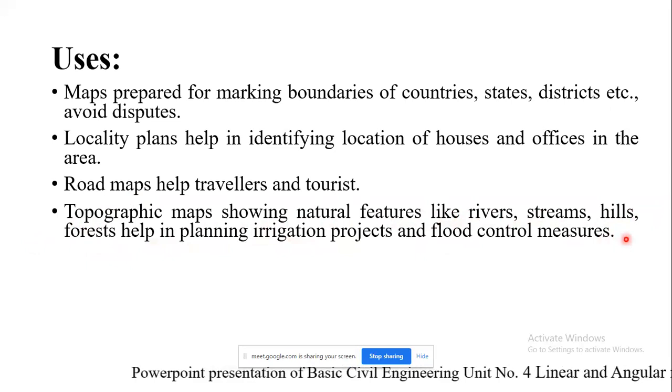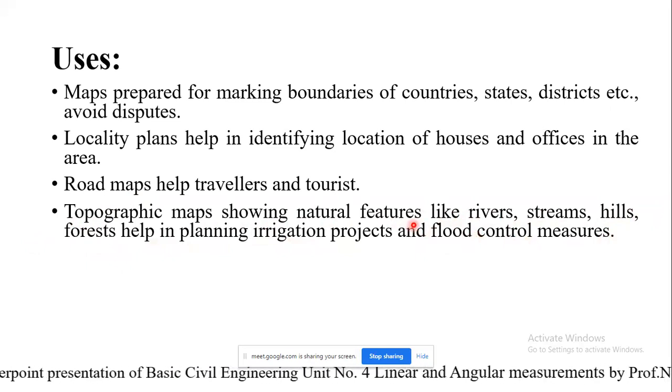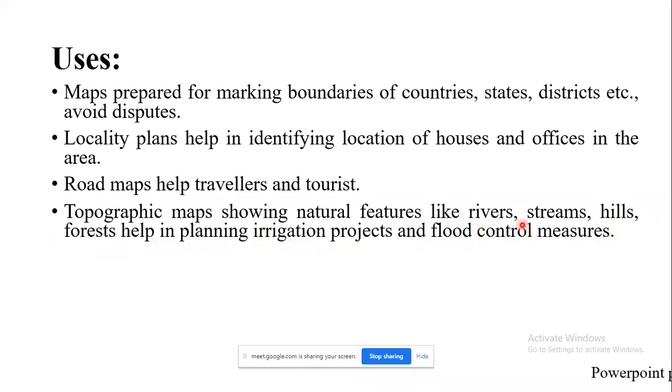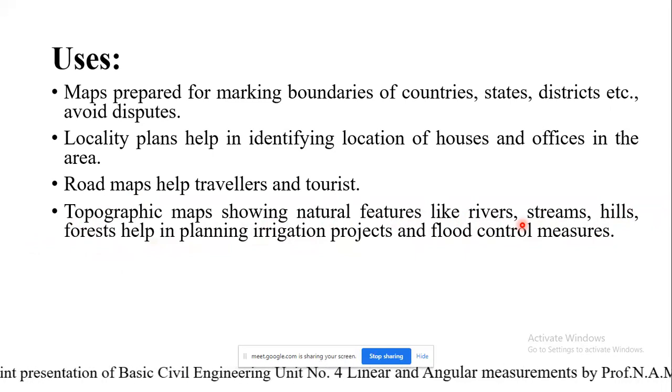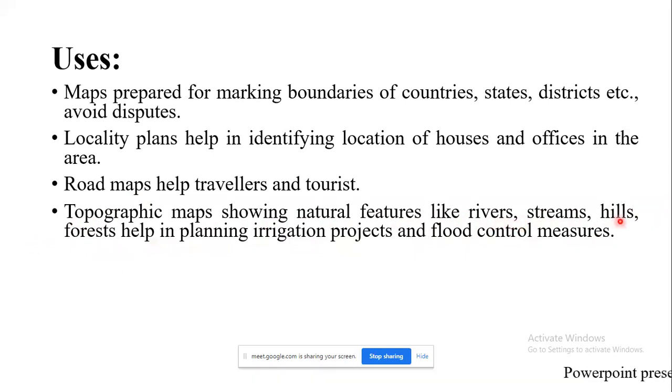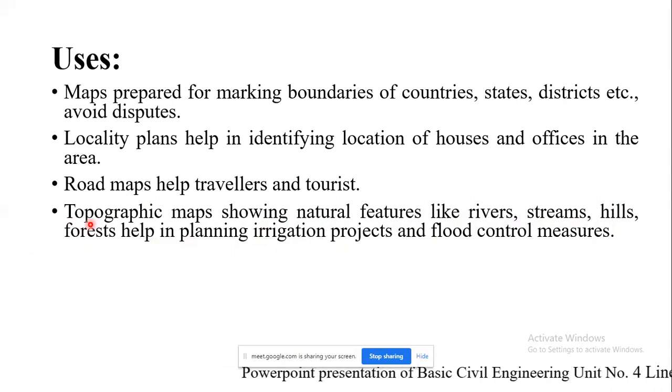irrigation projects and flood control measures. You might have studied until the 10th standard in the geography subject that a map shows rivers, streams, hills, and forests. So what is the use of this topographic map?